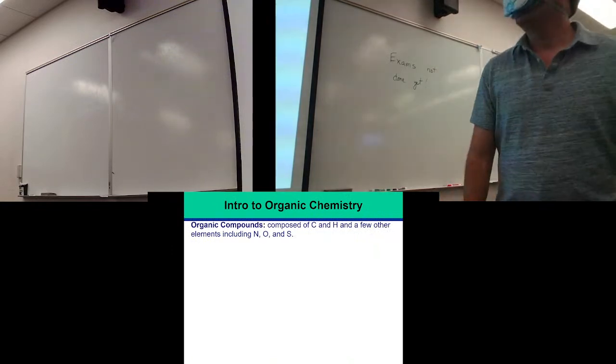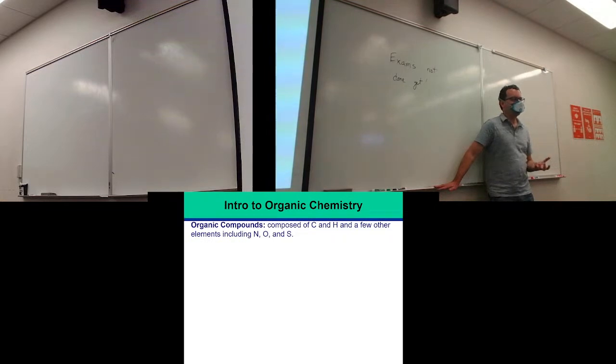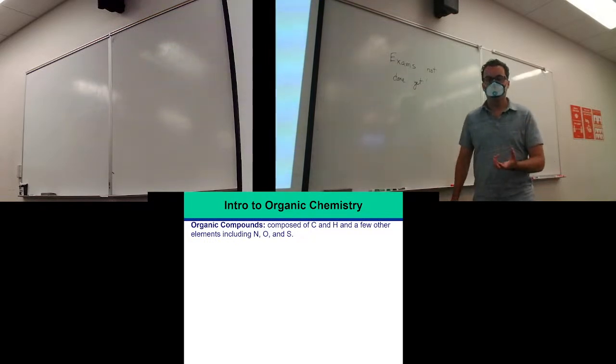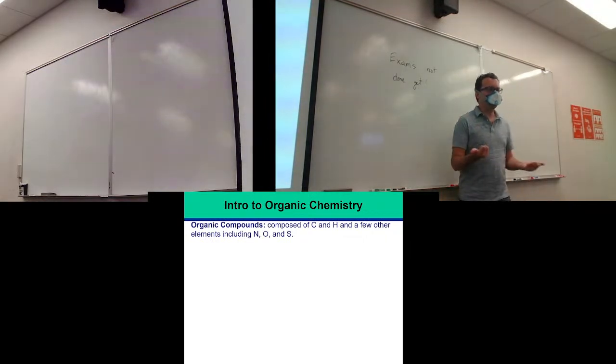So we need to start by having a framework with which we can talk about things. Since a lot of this is going to be biological or organic, we need to talk about organic compounds. The way these are classified is a little bit different from the compounds we've studied before.